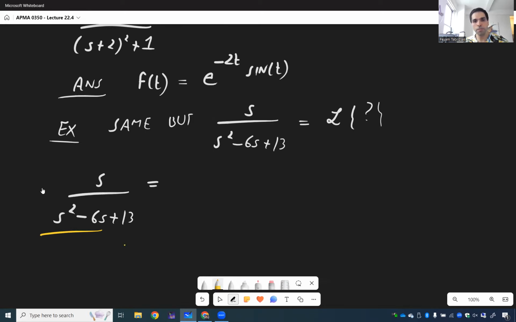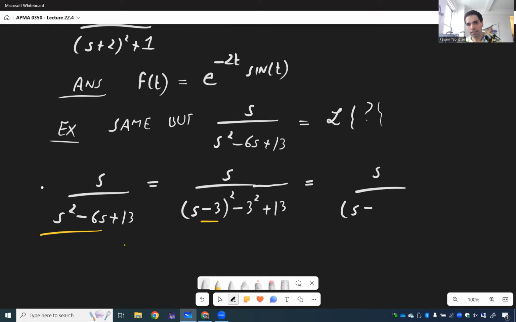So this gives you the beginning of s minus 3 squared. So you divide by 2, and you subtract 3 squared plus 13. And what we get is s over s minus 3 squared plus 4.